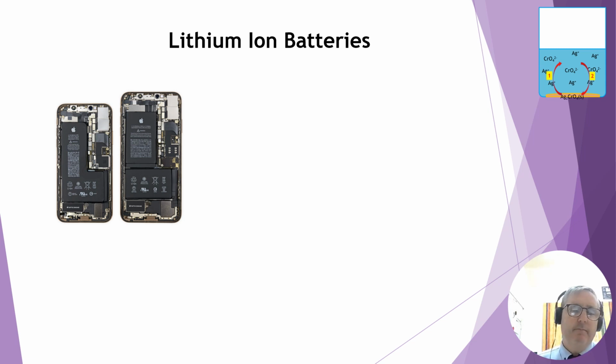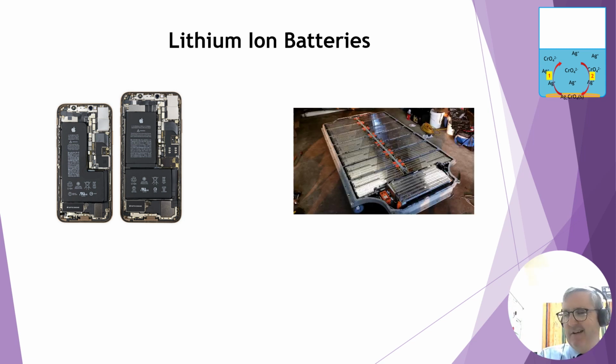Here, if we take the back off an iPhone, we can see the lithium-ion battery just in here, and it produces the power for the phone. Also, an electric car has an array of thousands of lithium-ion batteries. They're at the bottom of the car and they provide the energy for the power source.